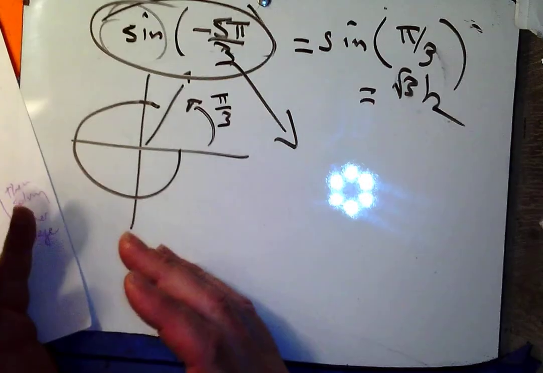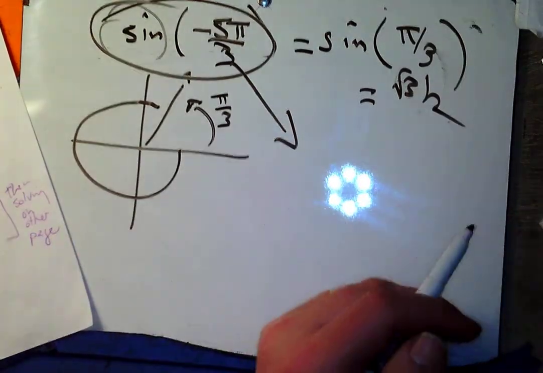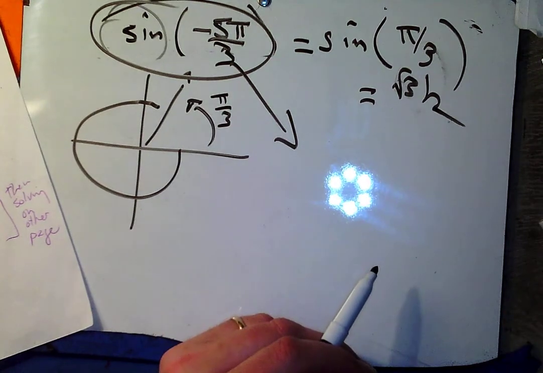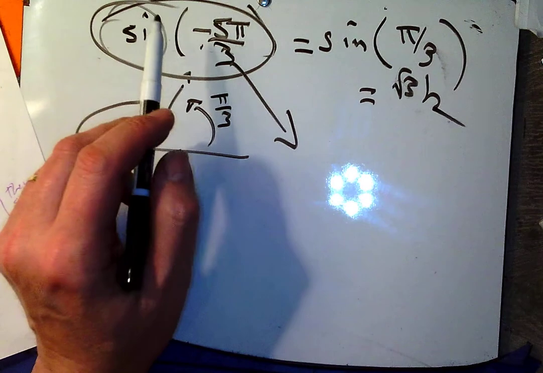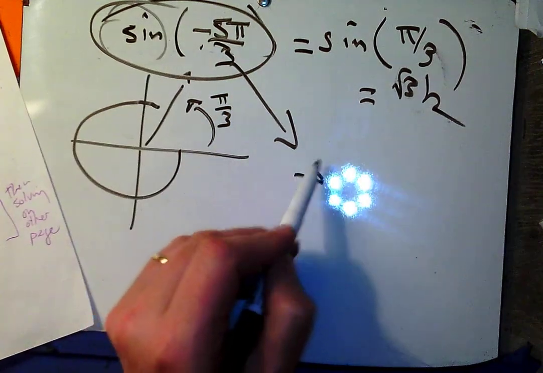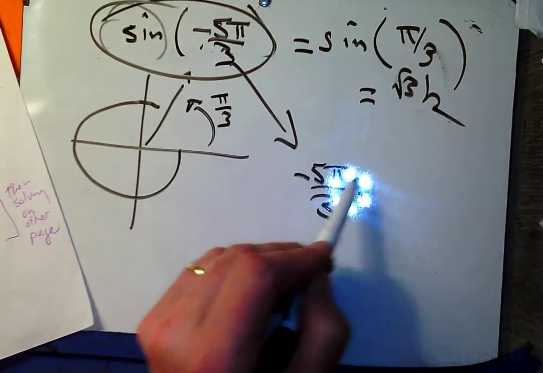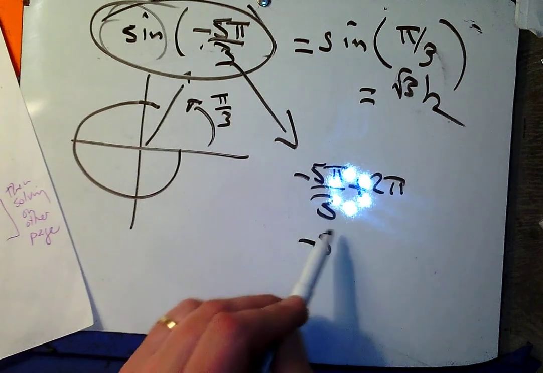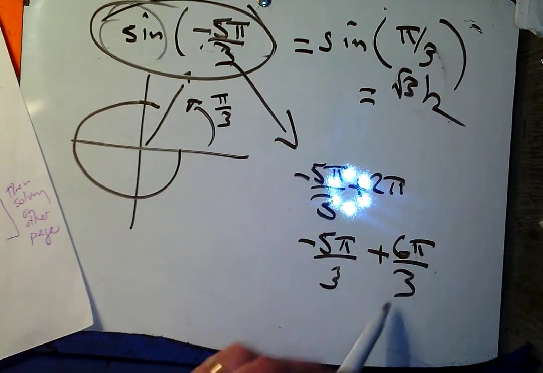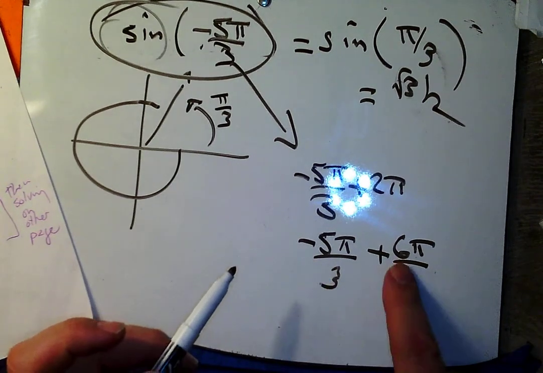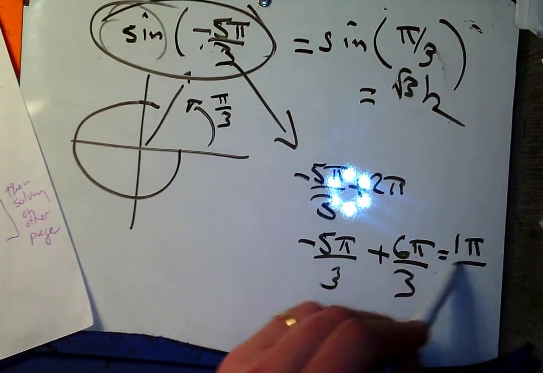If the angle is too big, we subtract 2 pi until we get something on the unit circle. If the angle is too small, we add 2 pi. Minus 5 plus 6 is 1 pi over 3.